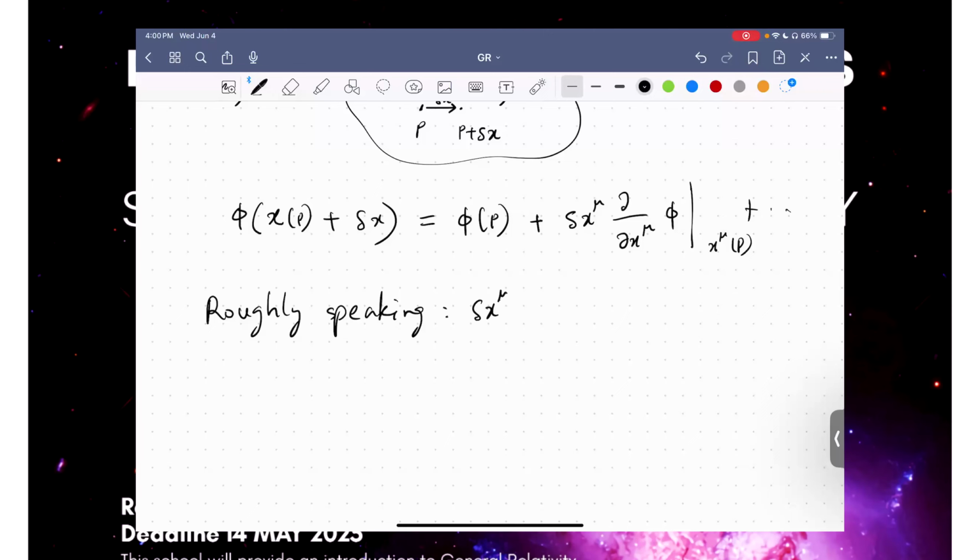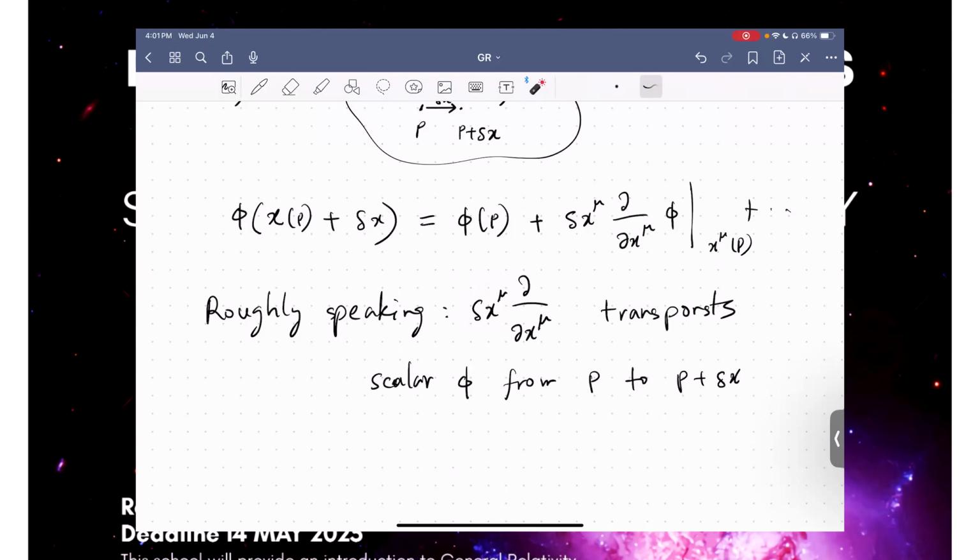So roughly speaking, this operation, this partial derivative contracted with the small vector δx^μ, transports the scalar field φ from P to P plus δx.